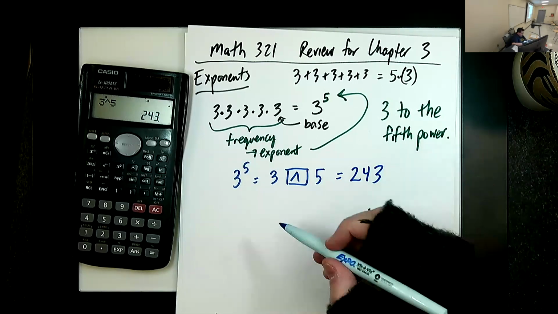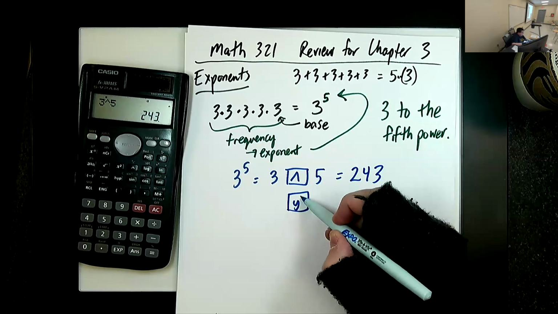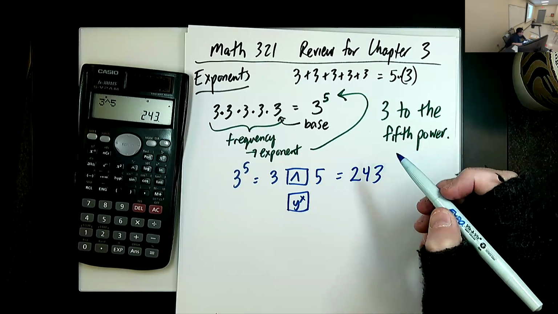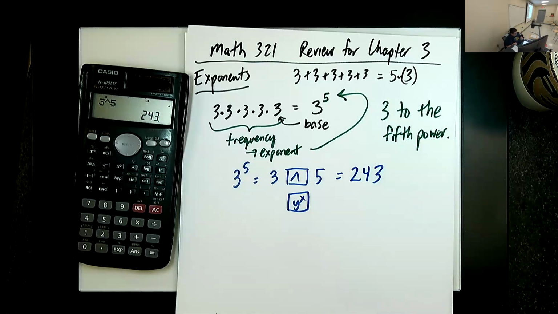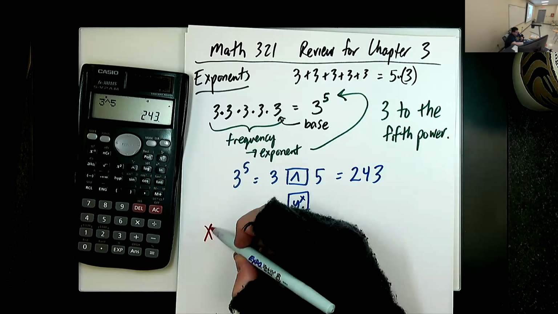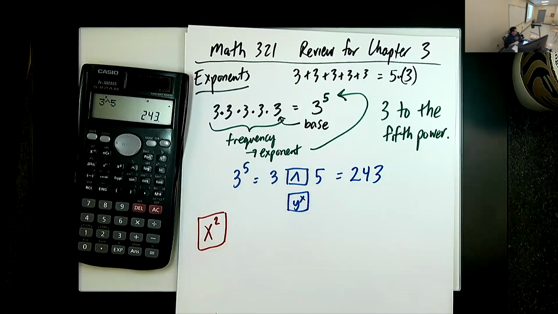Some calculators have a Y to the X button. So some of them have different things. If you don't know what it is on yours, you can ask me. The one we really care about in here is the one that says this. Most calculators have that specifically.